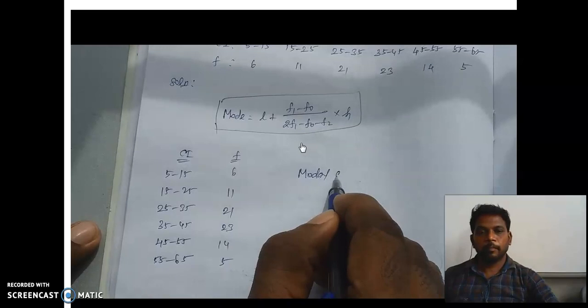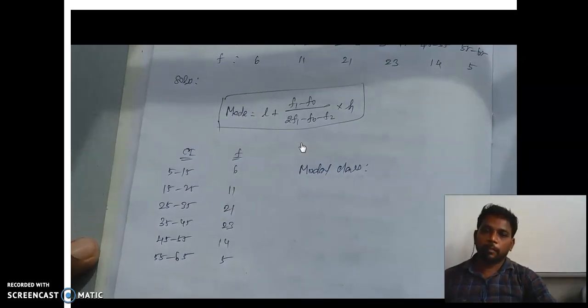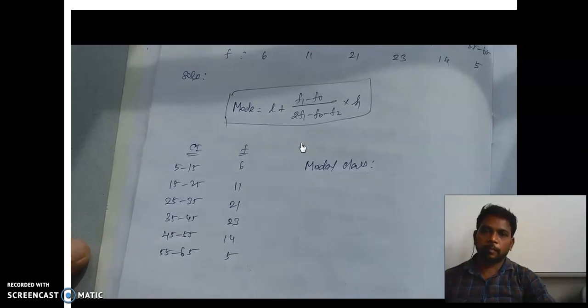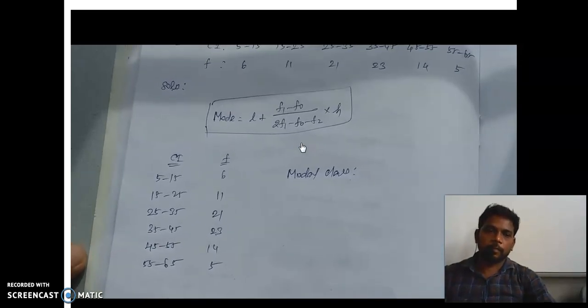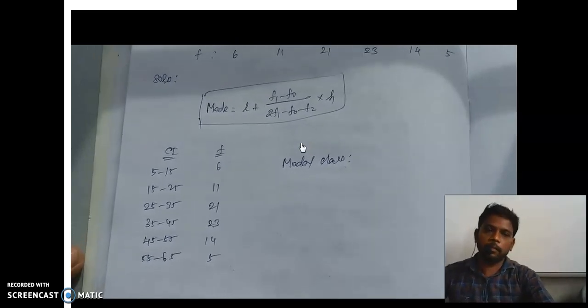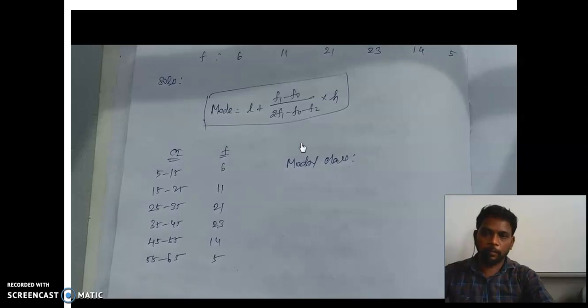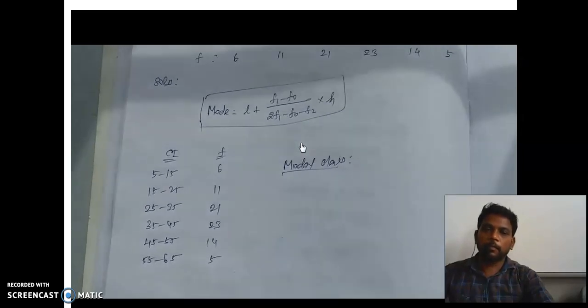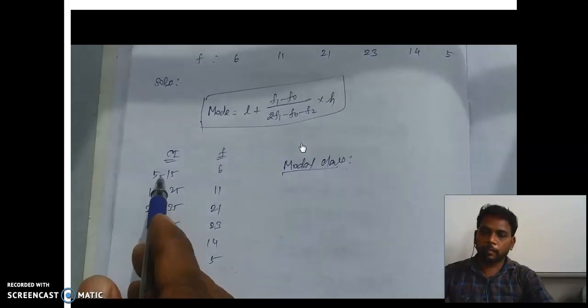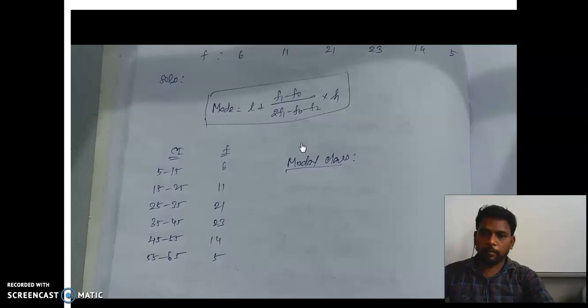How do you find the mode for a frequency distribution? The observation corresponding to the maximum frequency is the mode value. In a similar way, the class interval that corresponds to the maximum frequency is your modal class interval.